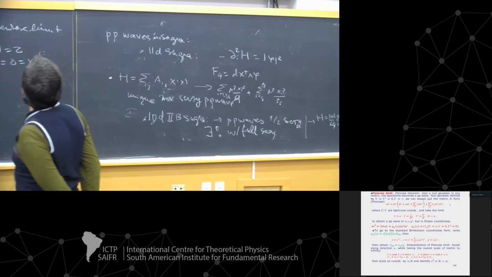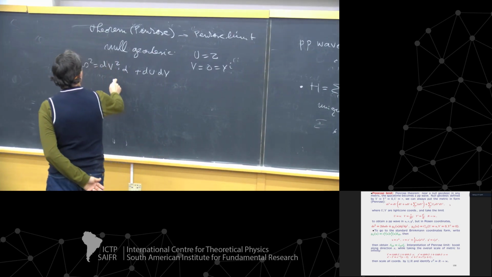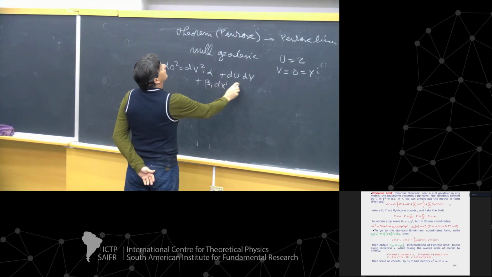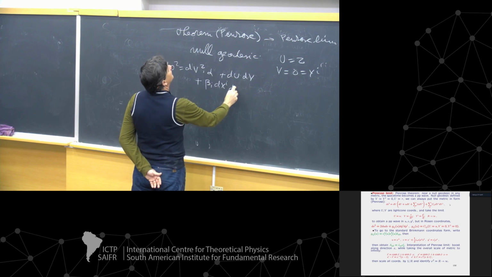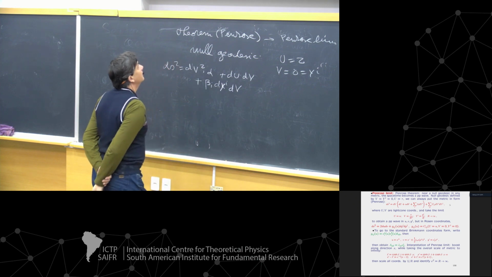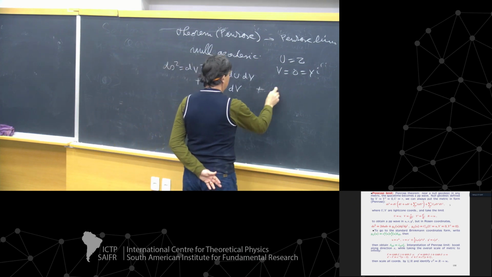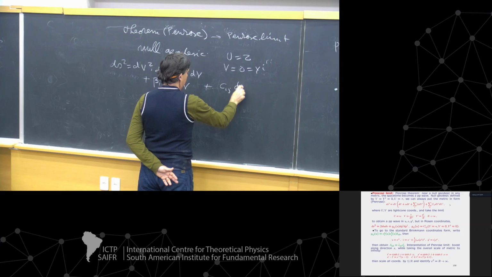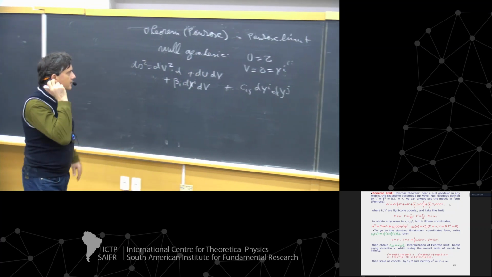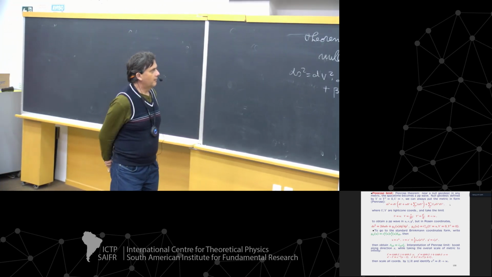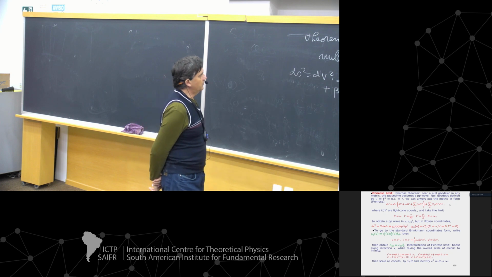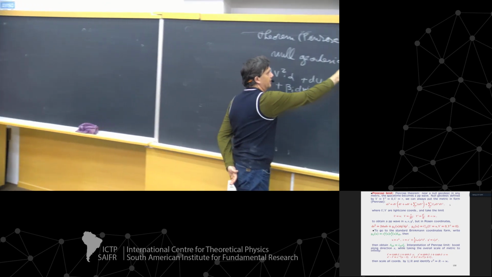And then beta i dy i dv, and then some transverse metric. So this is part of the theorem that you can always put the metric in this form, where the null geodesic is defined by this.